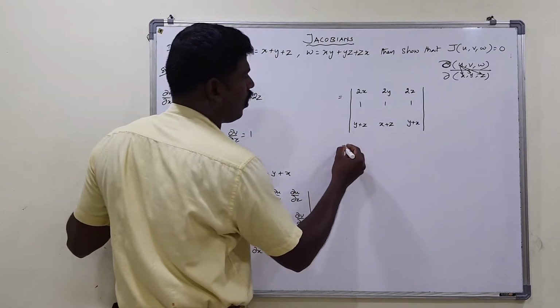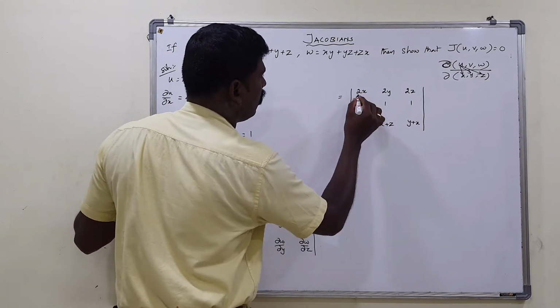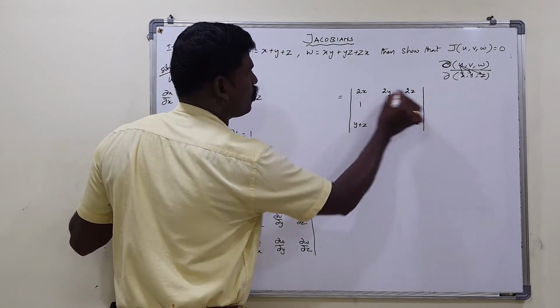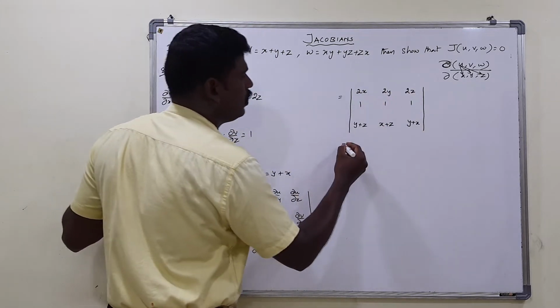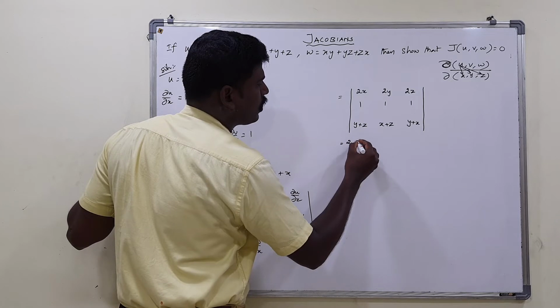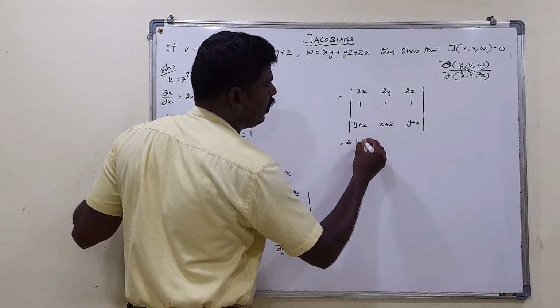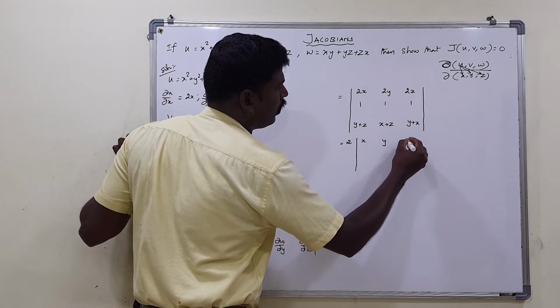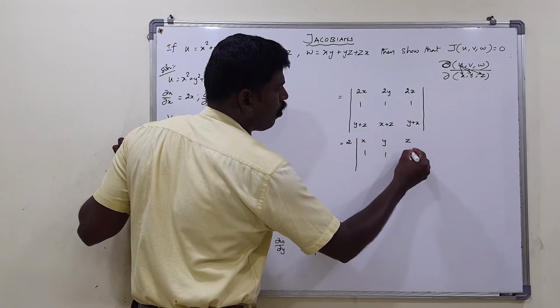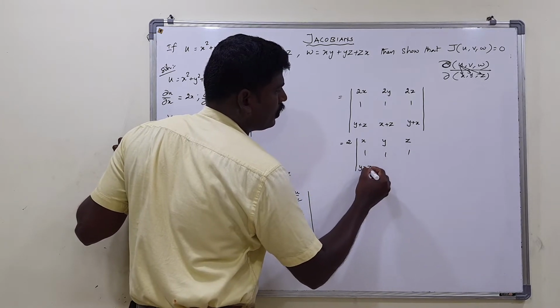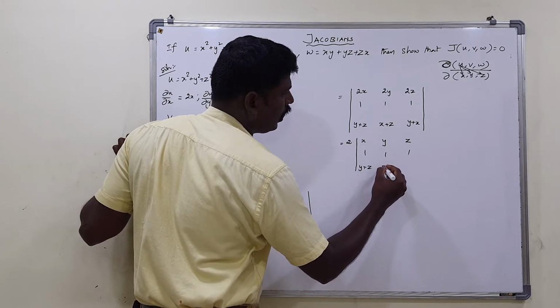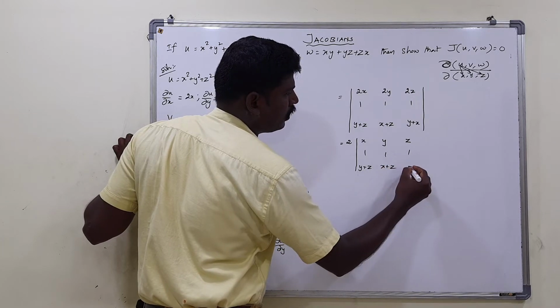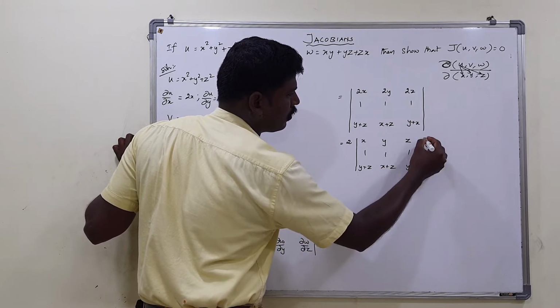Okay. Now look at the first row, row 1. 2 is common, isn't it? So taking 2 as common from row 1, what will we get? x, y, z, 1, 1, 1, y plus z, x plus z, and y plus x.